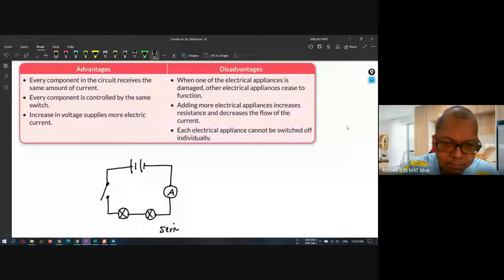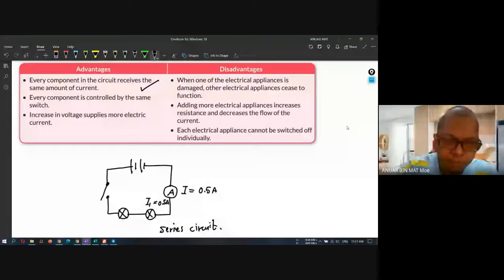Okay, series circuit. Right. So advantage number one, every component receives the same amount of current. For example here, if the current reading is 0.5 ampere, meaning the current on the first device, the I1 over here, is also 0.5 ampere.